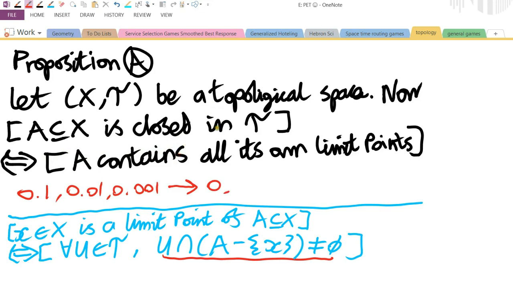What that implies is that the set of numbers which are greater than 0 and less than or equal to 1 does not contain all its limit points, because it doesn't contain 0. So it doesn't contain all its own limit points, and what that means is that this set is not closed. That's an implication of proposition A, amongst many others.